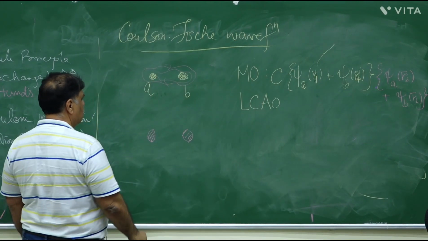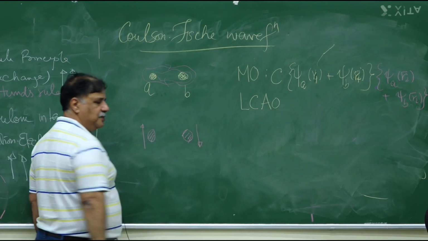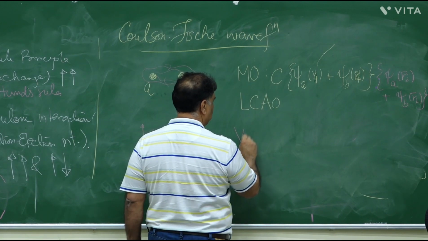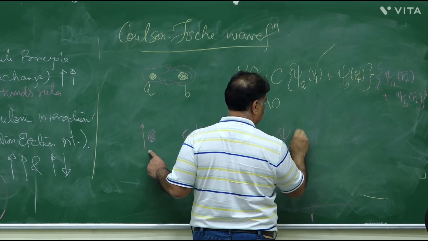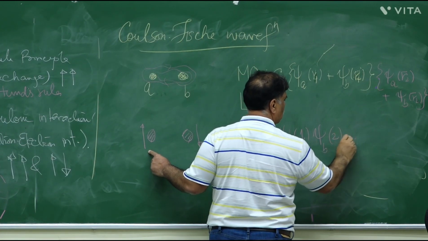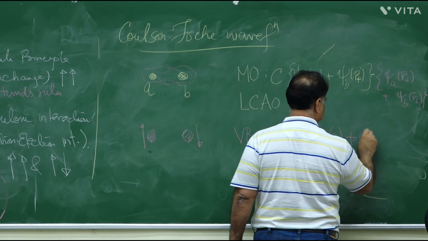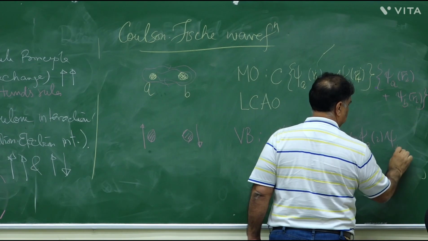The other extreme is that I assume that each particle is sitting in its own center. So I'll have the wave function, what is known as the valence bond. It'll be psi A(1) psi B(2), plus the symmetric term, psi A(2) psi B(1).